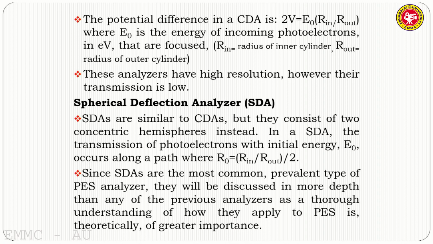Next, the spherical deflection analyzer, SDA. SDAs are similar to CDAs, but they consist of two concentric hemispheres instead. In an SDA, the transmission of photoelectrons with initial energy E0 occurs along a path where R0 equals the sum of R in and R out, divided by 2. Since the SDA is the most common and prevalent type of PS analyzer, it will be discussed in more depth than any of the previous analyzers, as a thorough understanding of how they apply to PS is theoretically of greater importance.